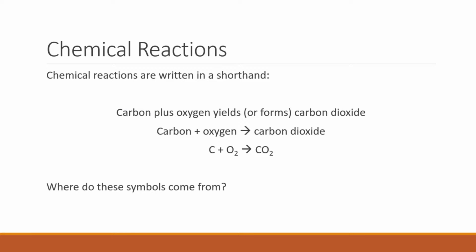Right? We use the symbols from the periodic table in order to write these reactions to show ratios of things combining, to show which version of carbon and oxygen is coming together. We use the periodic table just to get this shorthand version.